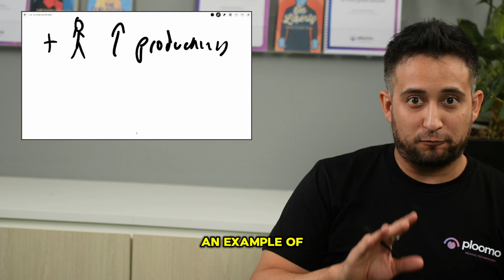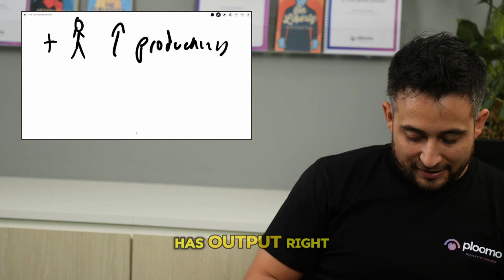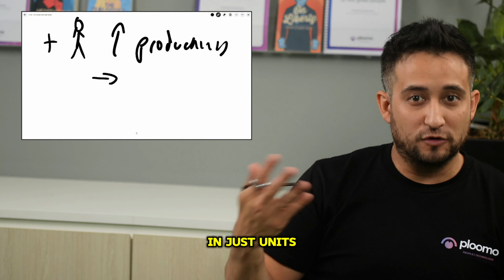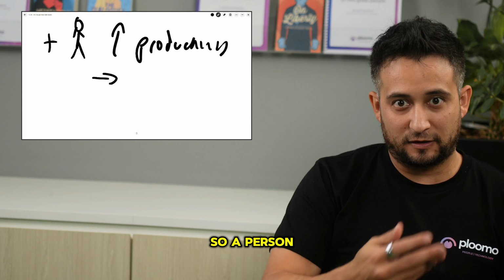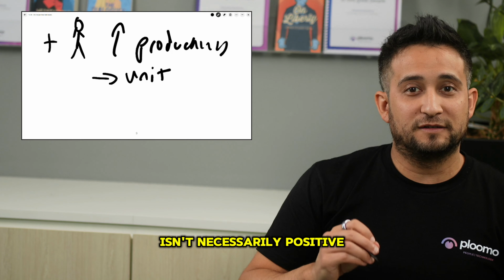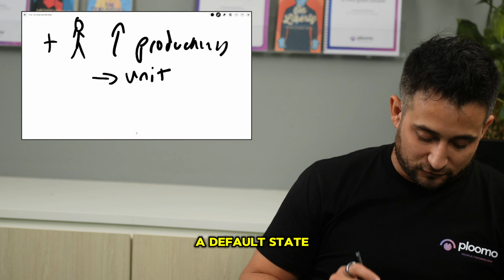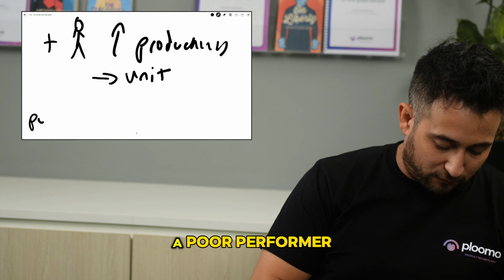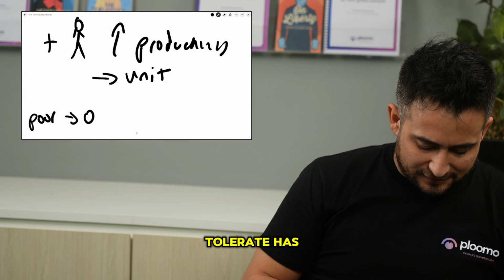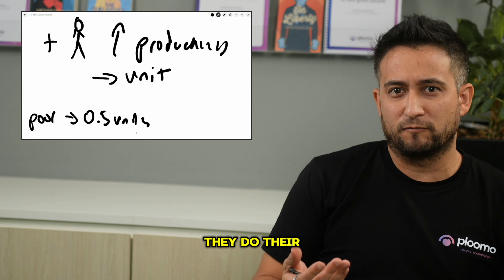To give an example of what I mean, a person has output, and we'll call this the output. We'll do it in units of productivity. So a person comes in and there's a unit of productivity. Now this unit isn't necessarily positive, but in a default state, let's say a poor or average performer, something that we tolerate, has, let's call it, 0.5 units of productivity. They do their job reasonably well.